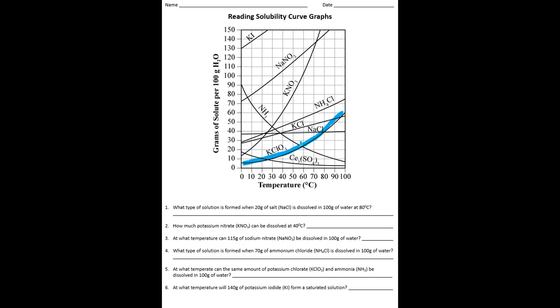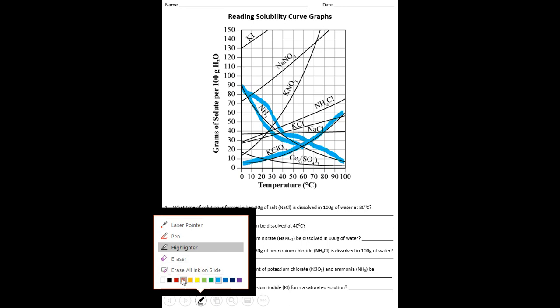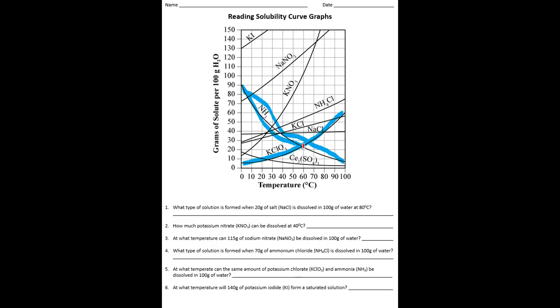If it's the same amount dissolved, then the lines are going to cross. So ammonium nitrate is the NH4NO3, and that would be that line right there. Where is it meeting? It is meeting right here at this point. It is asking at what temperature, so what temperature is that point at? It's at 60 degrees Celsius. That's how we would answer that one.